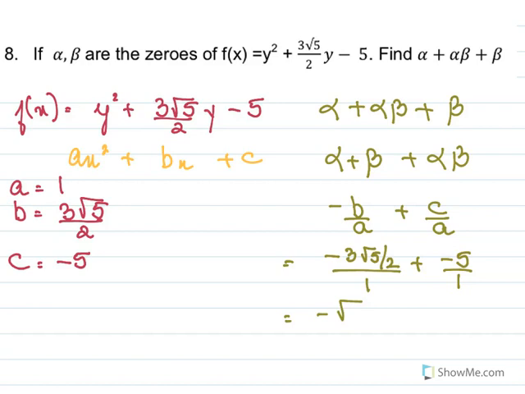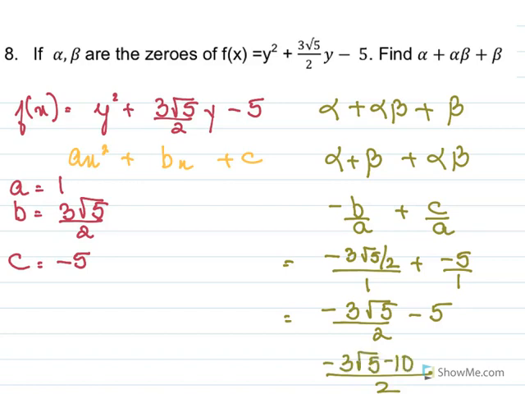So we have here minus 3 root 5 over 2 minus 5. If I take the LCM as 2, minus 3 root 5 minus 10 over 2. This is the answer of alpha plus alpha beta plus beta. This is important to rearrange the terms.